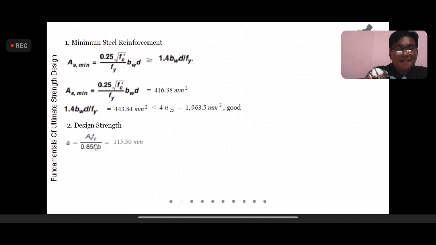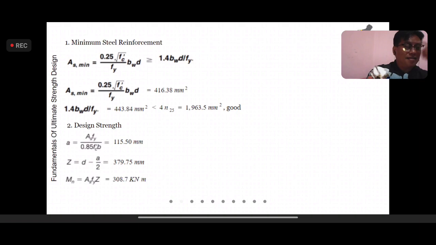So, yung a can be computed based on the As, Fy, Fc prime, and b. And then we can compute for the z. And then we can compute for the actual magnitude of it. And then the nominal moment is As Fy z, which is equal to 308.7 kilonewton meter.